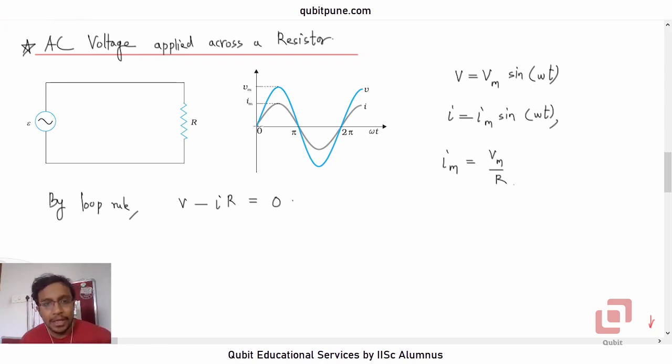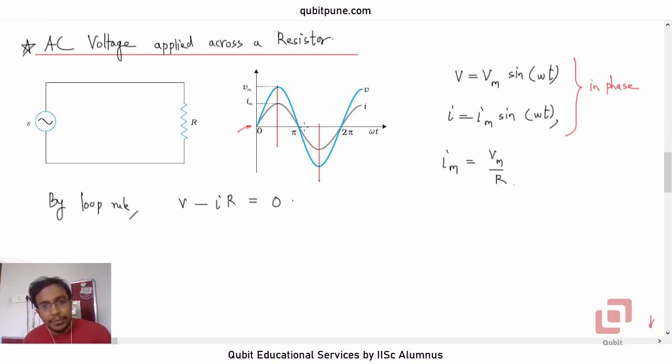So we say that both voltage and current are in phase. What does that mean? They reach the zero value at the same time, they peak at the same time, they again come back at the same time, they go to their peak on the other side, which we call the trough because it is alternating, at the same time, and again they come to zero at the same time.